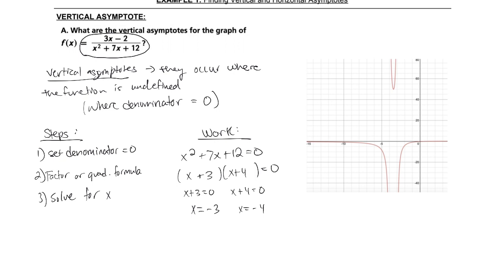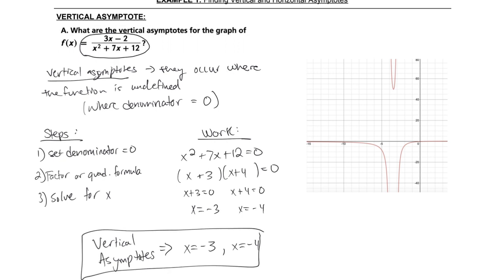So since those are our solutions, those are the numbers that make our function undefined, meaning our denominator equals 0. These are our vertical asymptotes: x equals -3, x equals -4.